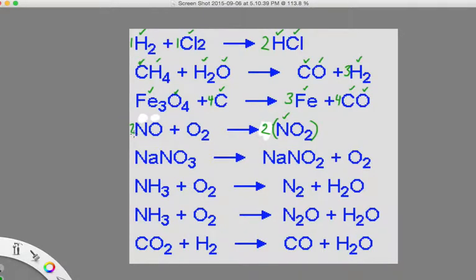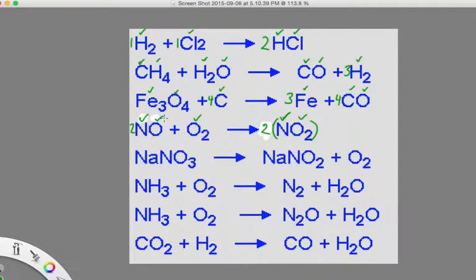So if I multiply this by 2 now, that means that the nitrogens will be, again, balanced. And now we've got 4 oxygens, because 2 times this O2 is also 4. So now we've got all of our O's balanced.